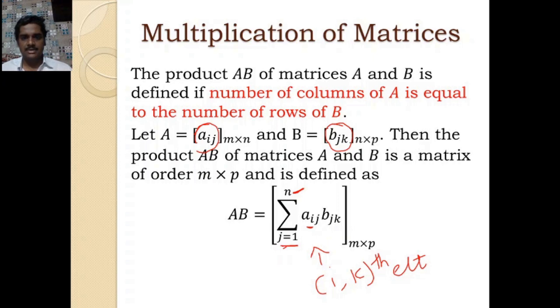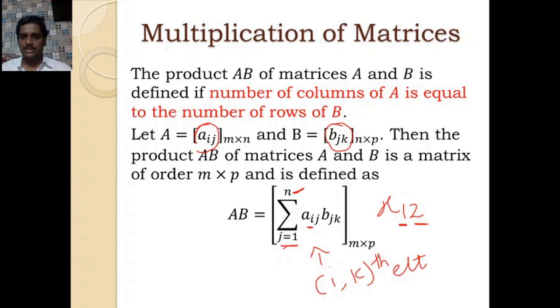Basically, whenever we define the product AB, to get an element, we pick a row from A and we pick a column from B and we multiply them together to get an element in AB. For example, suppose I want the element which is present in the first row and second column.